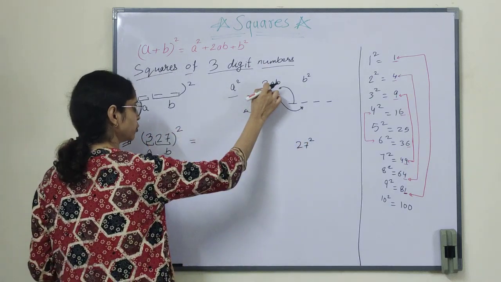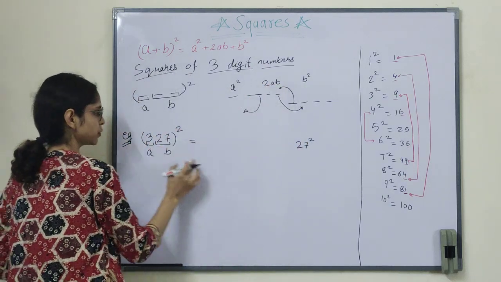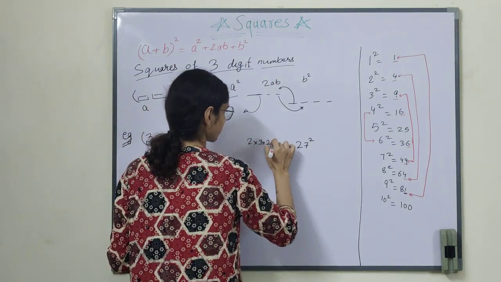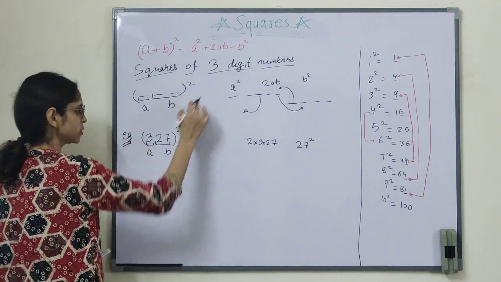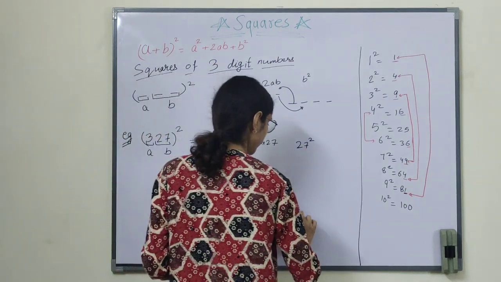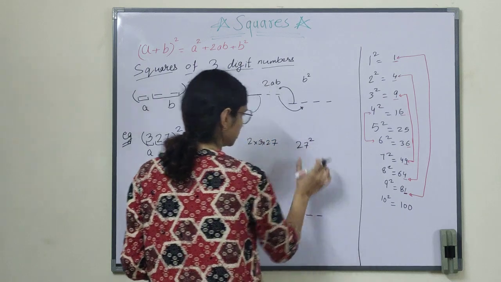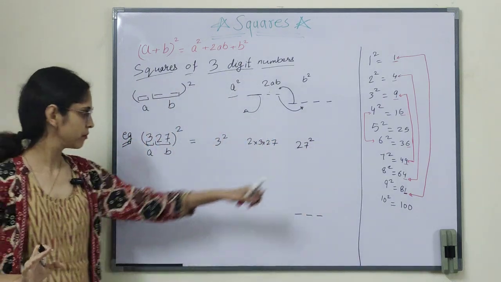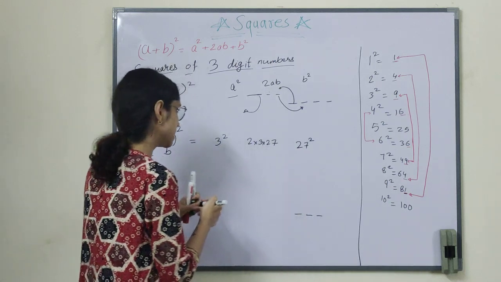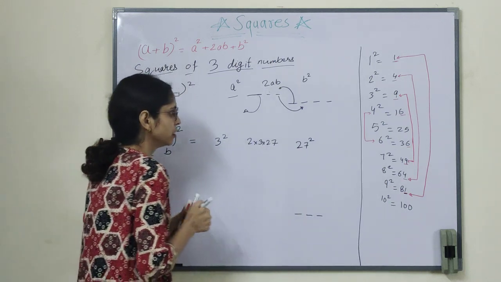And then we are going to do 2AB, so 2 times 3 times 27. And then A square, that is 3 square. Now only 3 digits are stored for this one. Okay. So let's find out 27 square.